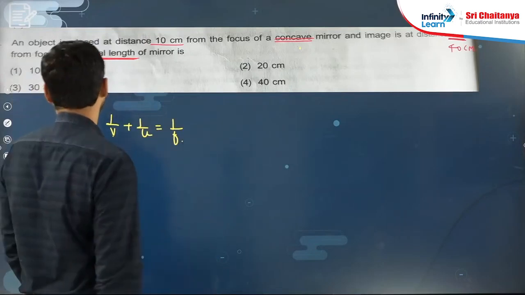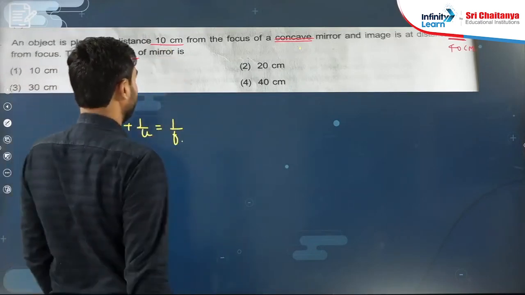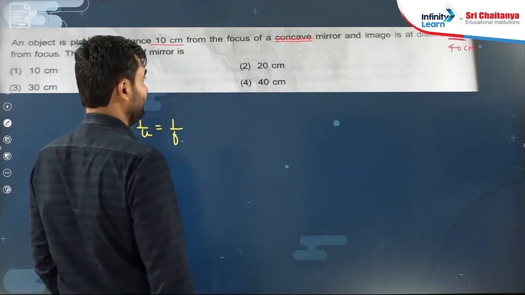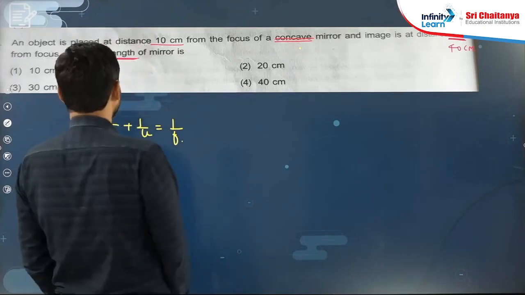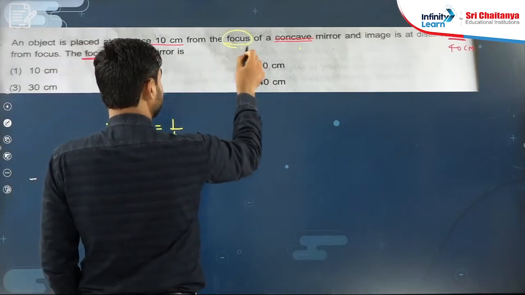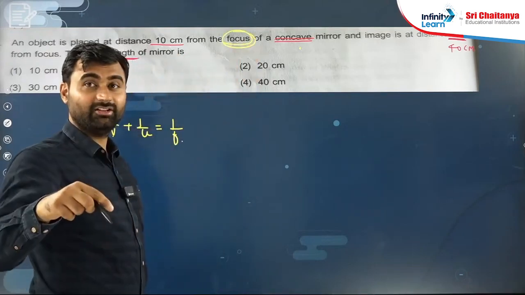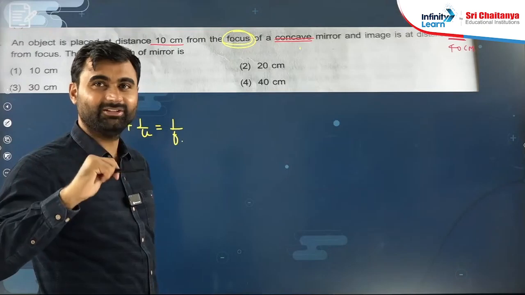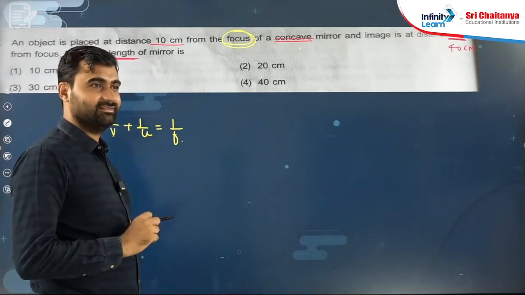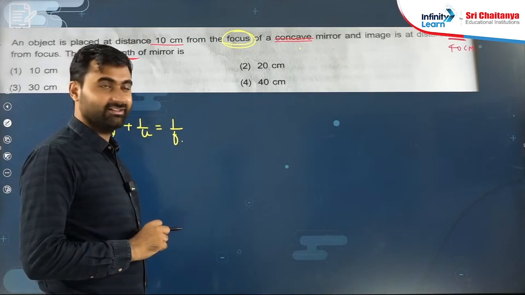Now V and U. Object distance is 10 centimeter from the focus. One more interesting point here: the object is placed at 10 centimeter from the focus. They did not give it from the pole. There is a twist in the question, and I think you made a mistake here.